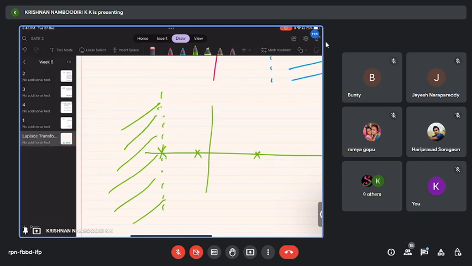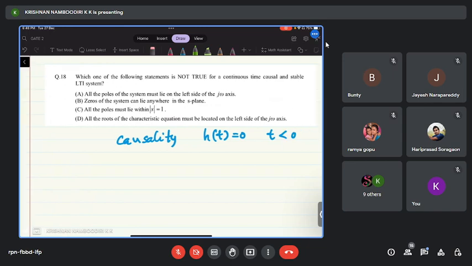So now you can see this question again. First of all, the poles of the system must lie on the left side of the j omega axis. Should it be true? I will give you a hint. The system must be stable, correct?